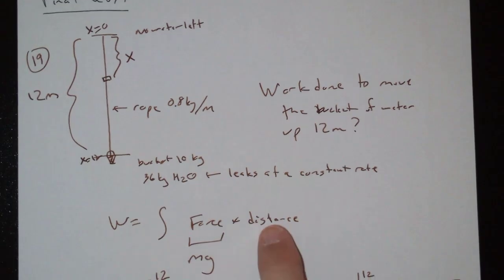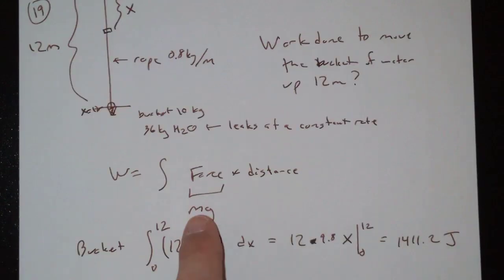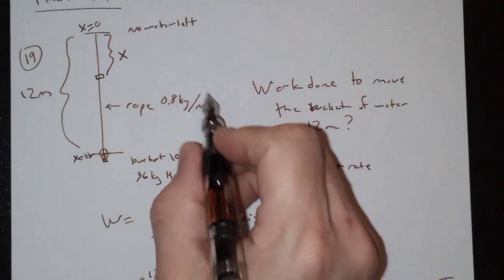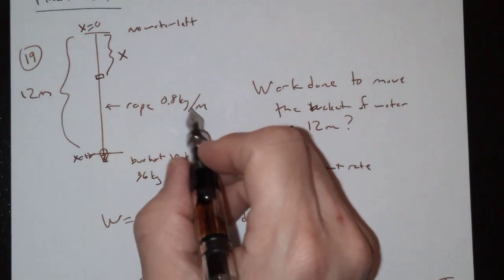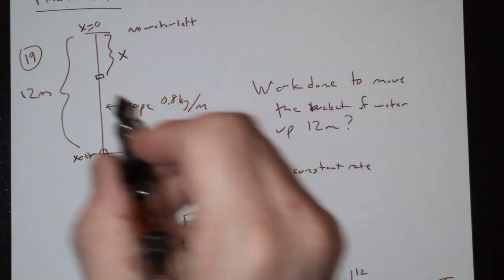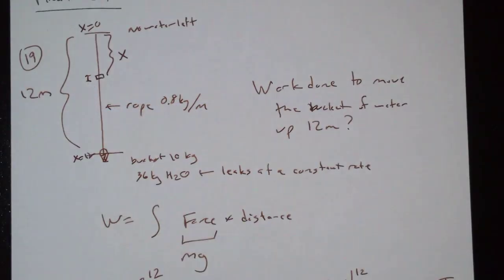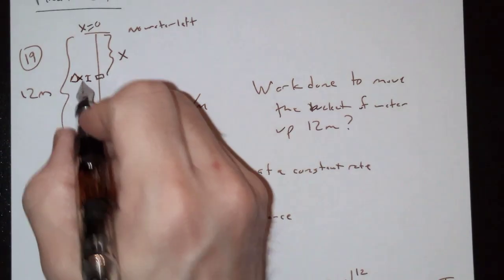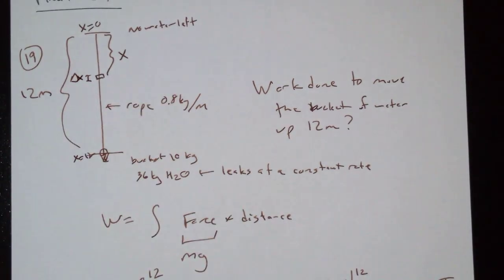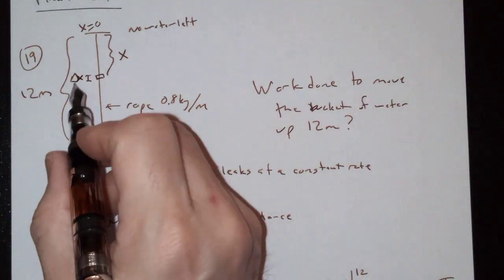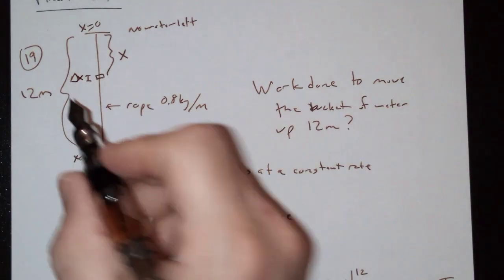So that's the distance part. The force is mass times gravity. We know the little slice of rope is 0.8 kilograms per meter. So if I know how thick this little slice is, oh, but that's just a little change in x, isn't it? So kilograms per meter times meters is kilograms.